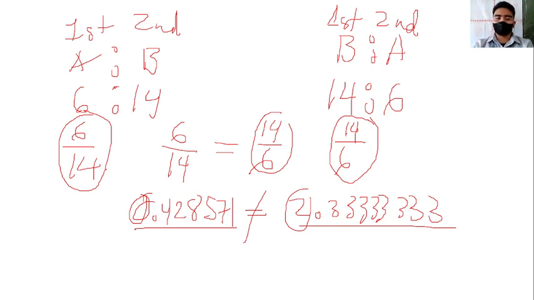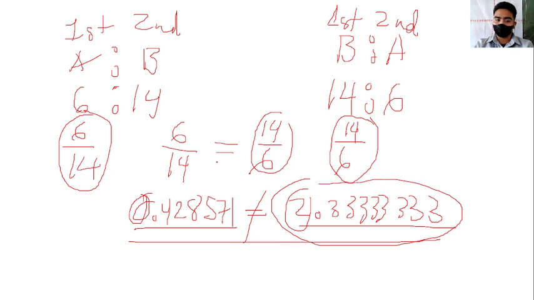Now, can we tell that they are proportion? We have two ratios already. Are they equal? No. Can we tell that these two ratios are proportion? No. They are not proportion.